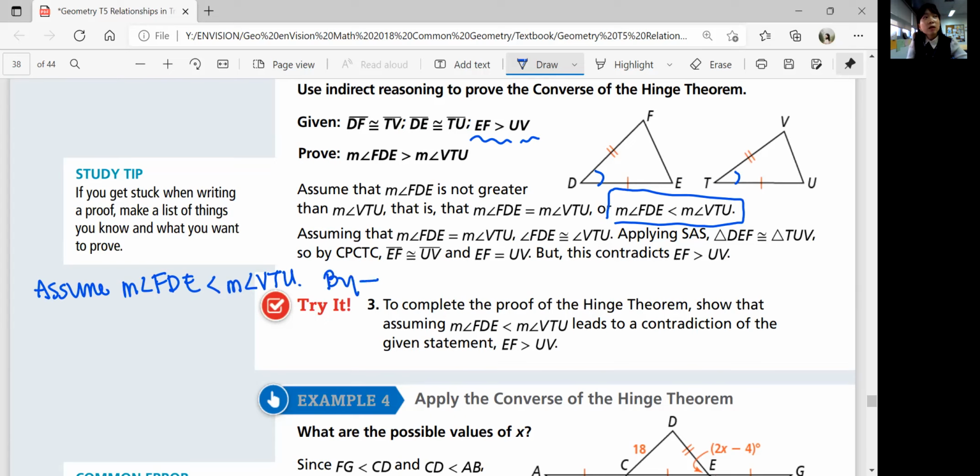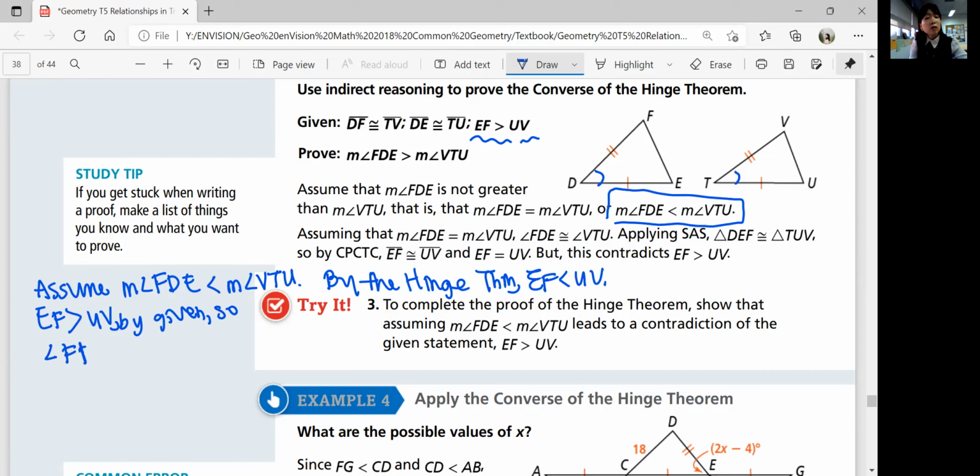By the Hinge theorem, EF is less than UV, but EF is greater than UV by given. So angle FDE is not less than angle VTU.